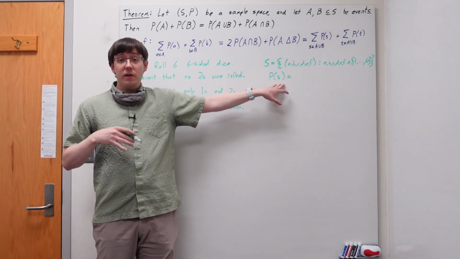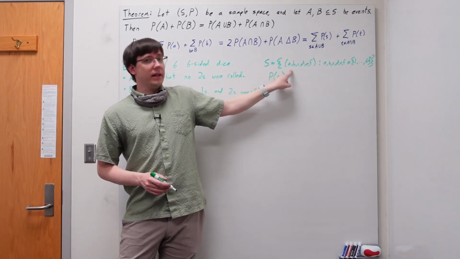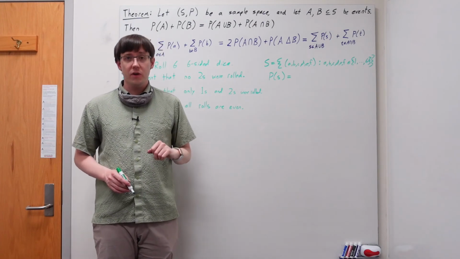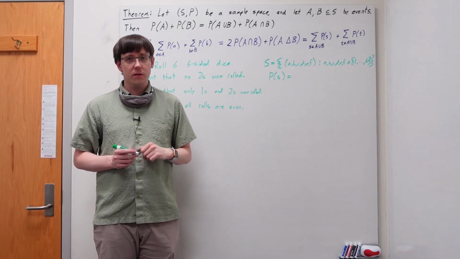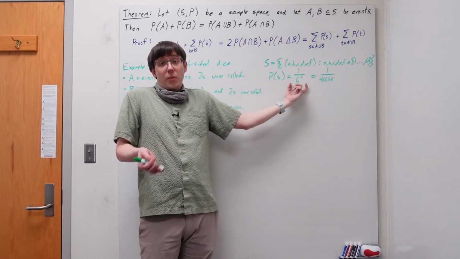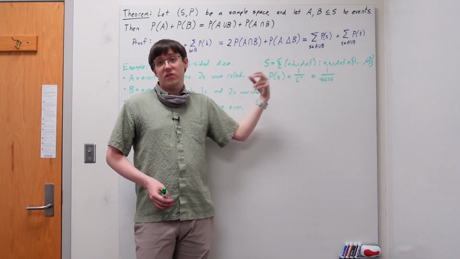So we just need to figure out how many events there are. Well, we have length 6 lists and 6 options for each element of the list. So we have 6 to the 6th possible lists. And so the probability of each individual outcome is 1 over 6 to the 6th.